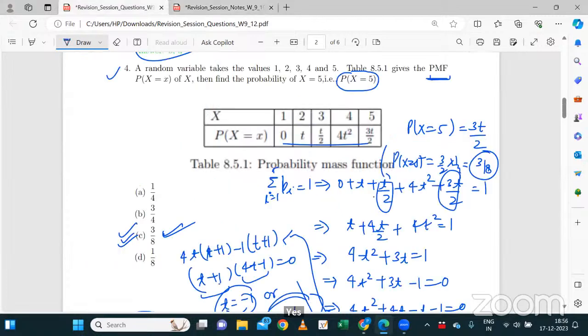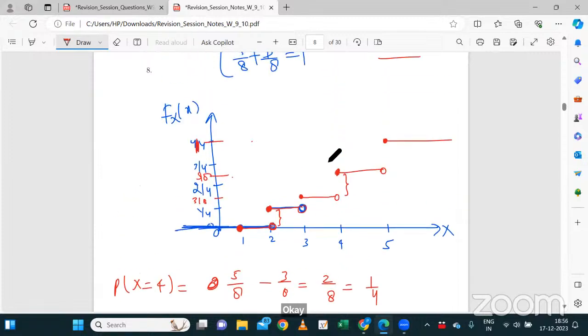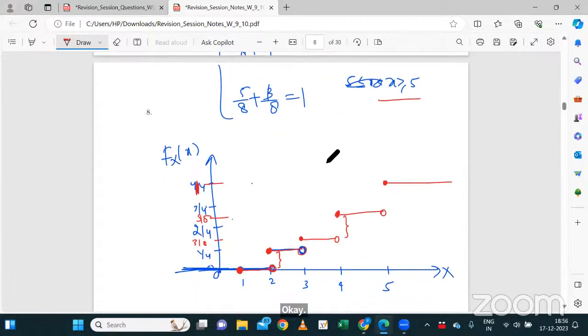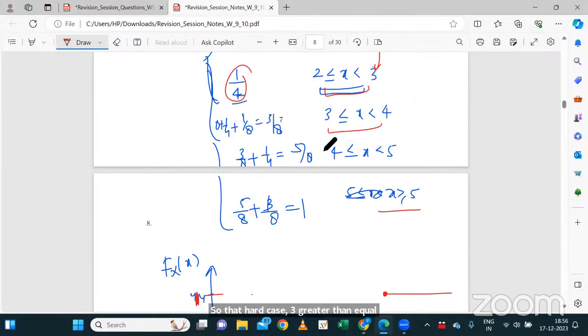Sir, can you please explain why in the case 3 greater than or equal to x less than 4 we consider x equals 1 and x equals 2? What do you mean by this case?